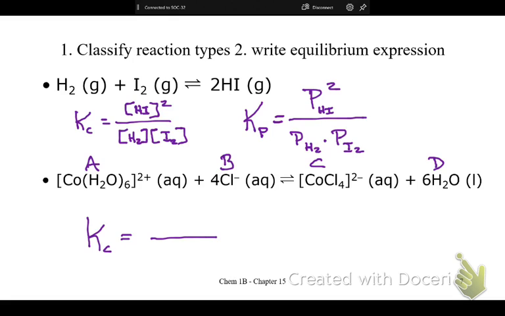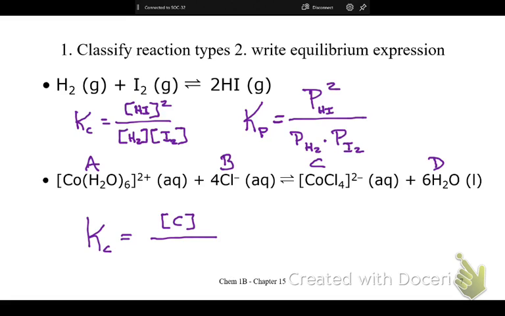So this is going to be the molarity of what? C, yeah. I would have been surprised if you told me the actual name. It's tetrachlorocobaltate 2.